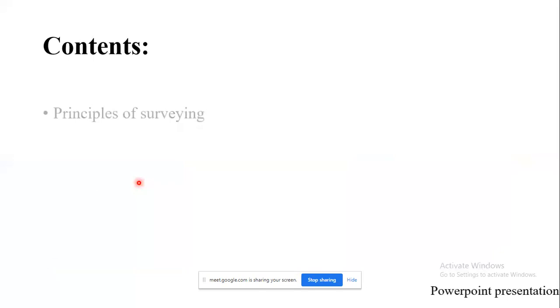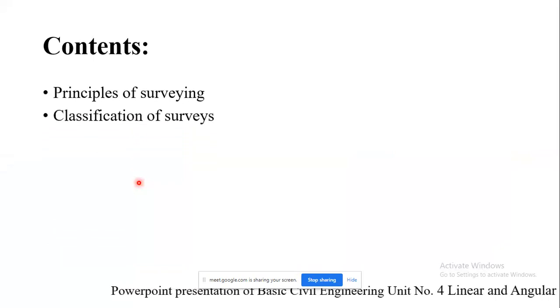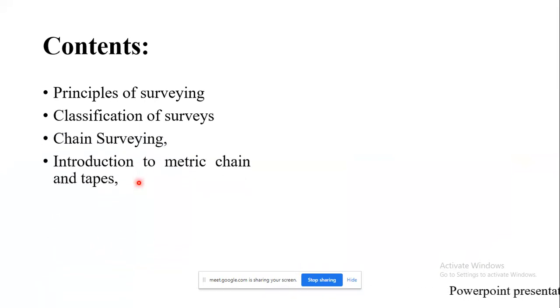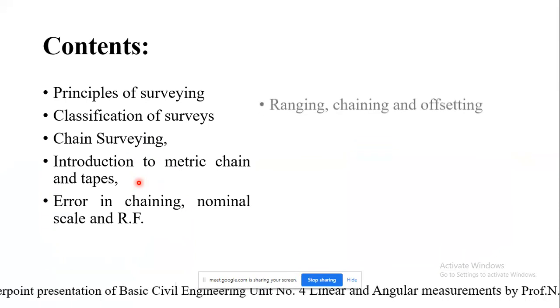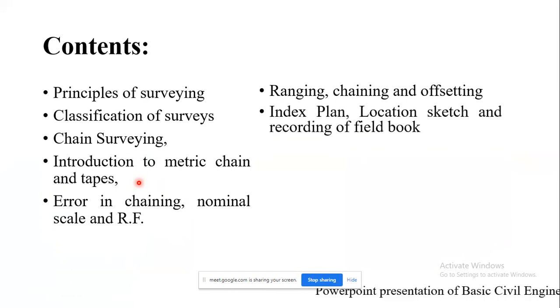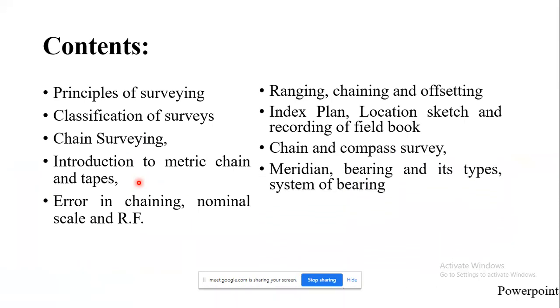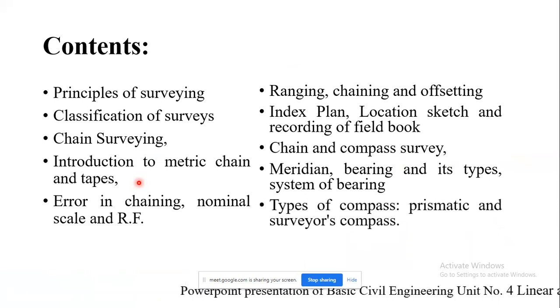So now in this unit we are going to deal with principles of surveying, then classification of surveys, chain surveying, introduction to metric chain and tapes, error in chaining, nominal scale and representative factor, that is RF, ranging, chaining and offsetting, index plan, location sketch and recording of field book, chain and compass survey, meridian, bearing and its types, system of bearing, types of compass, prismatic and surveyor compass.